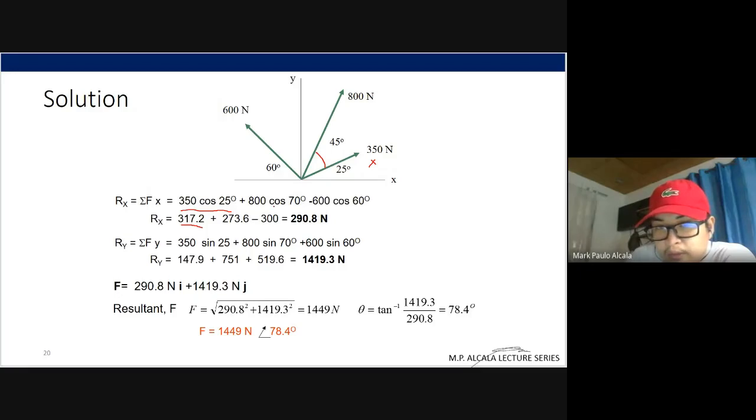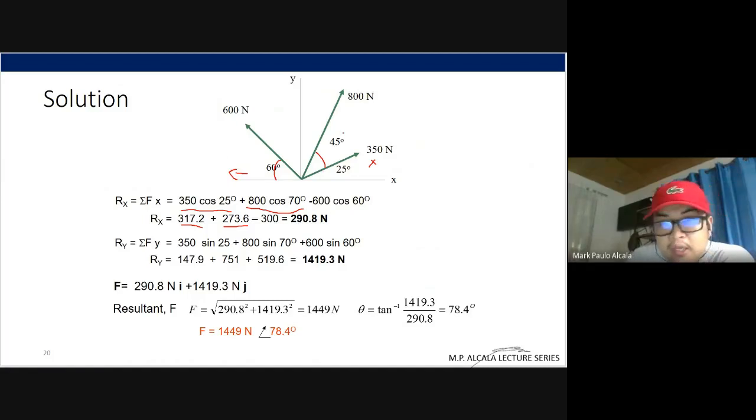This one, 800 cosine 70 degrees, that will be 273.6. Now, this will be a negative component since it is pointing to the left. Now, minus 600 cosine 60 degrees, this one, the x component. So, summing up everything, we get 290.8 Newtons.